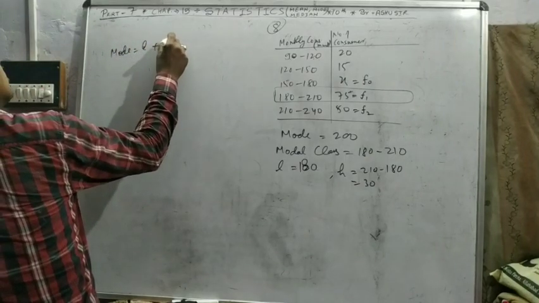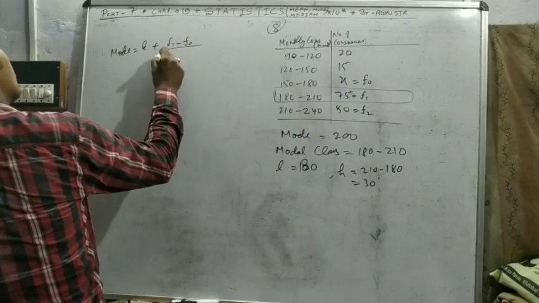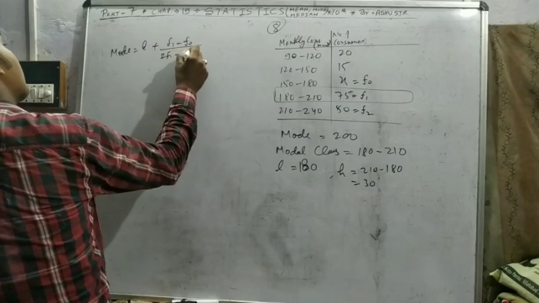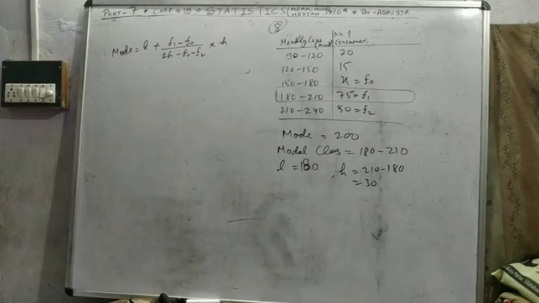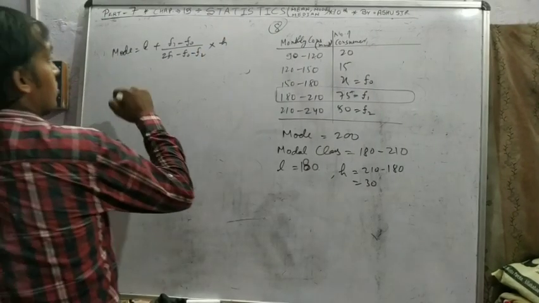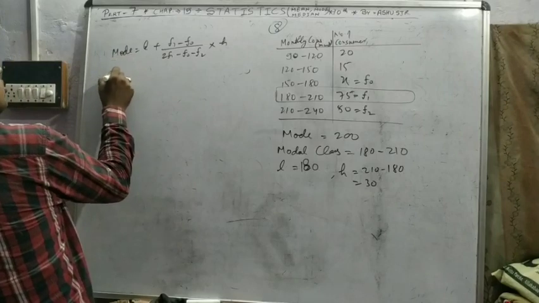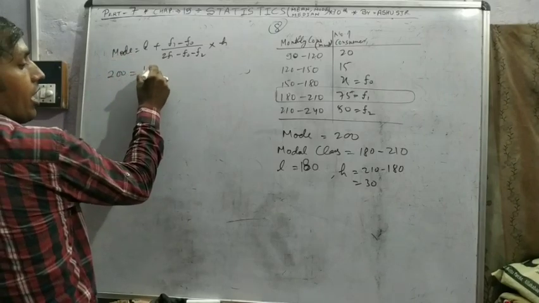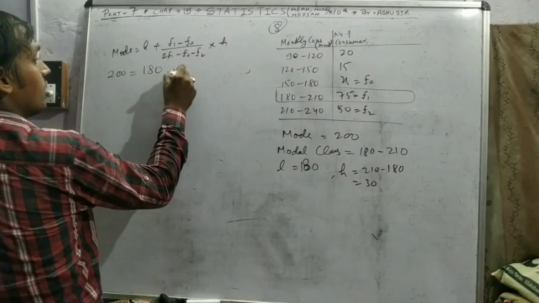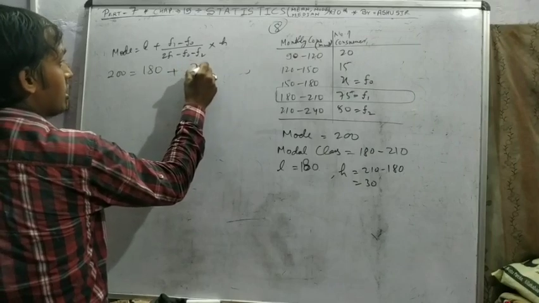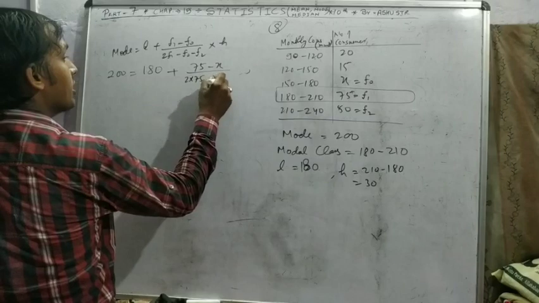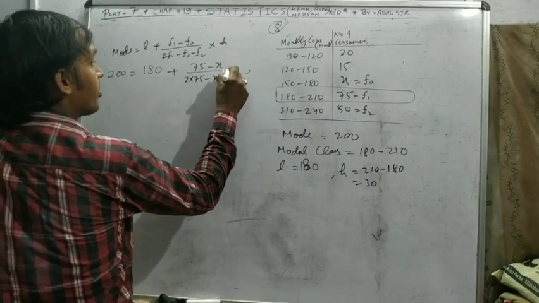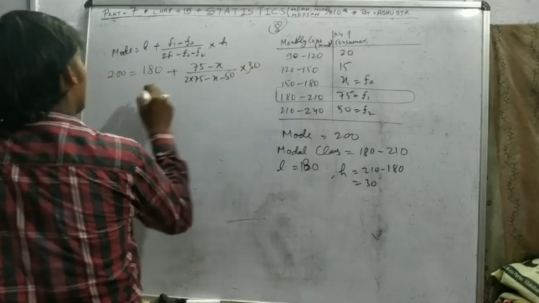L plus (f1 minus f0) upon (2f1 minus f0 minus f2) into h. Then put all the values. Mode 200, L 180, f1 is 75 minus x upon 2 into 75 minus x minus 50, into 30.